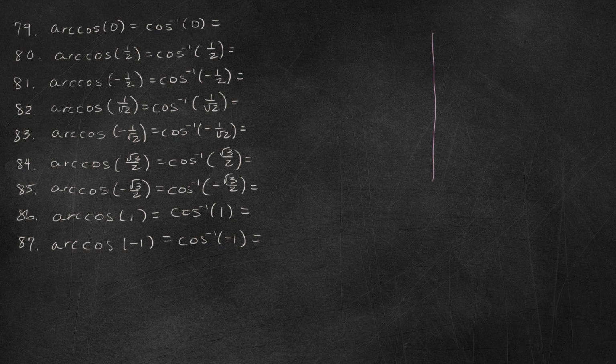Now the arc cosine function has a range between 0 and pi. So for arc cosine, we give angles between 0 and pi, quadrants 1 and 2 only. Number 79, then arc cosine of 0 is pi over 2, because the cosine of pi over 2 is 0. Arc cosine of 1/2, where does cosine equal 1/2?